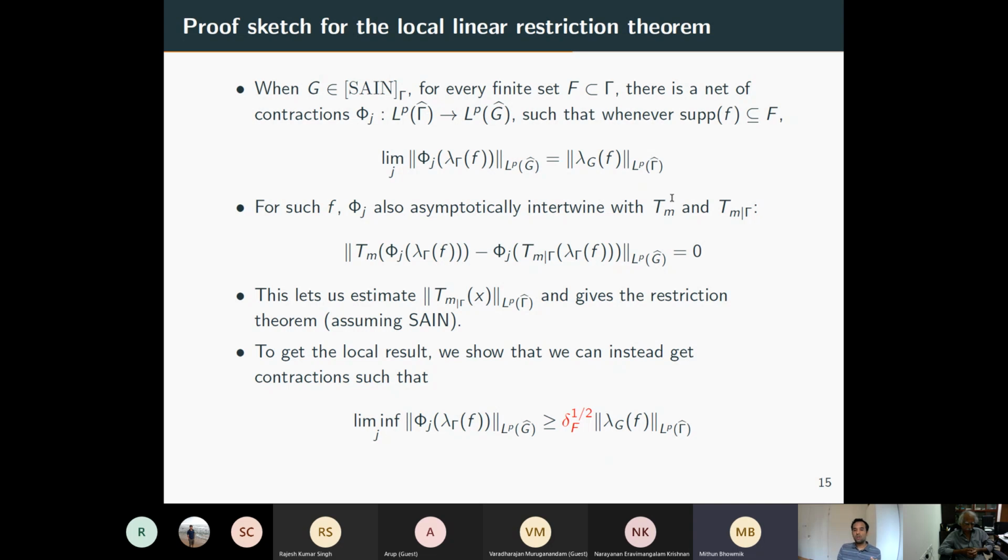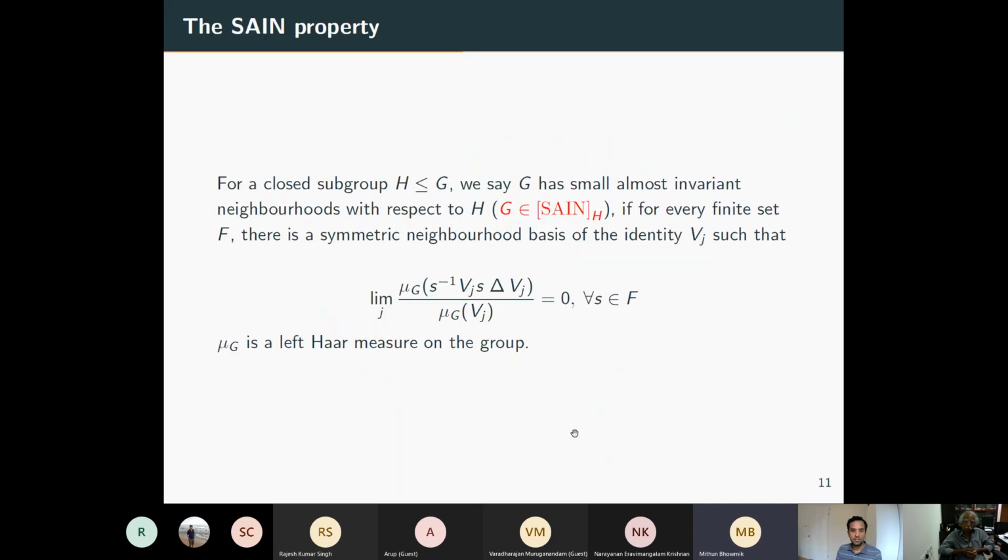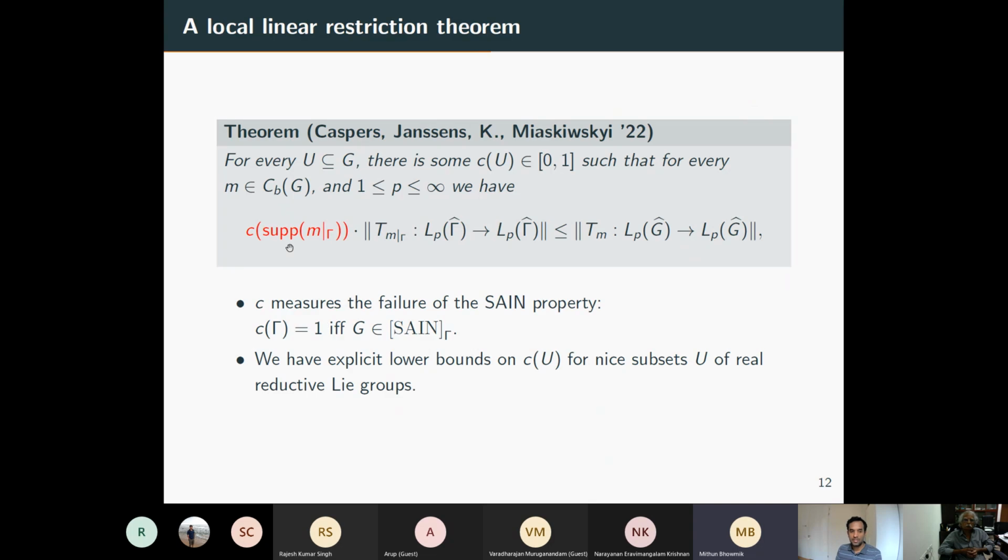You no longer have asymptotic isometries, but you have that these contractions are bounded below by some factor delta f to the power 1/2. And this is the factor which shows up in the estimate we have for the linear case. We have the C, and C is in fact some delta f to the power 1/2.